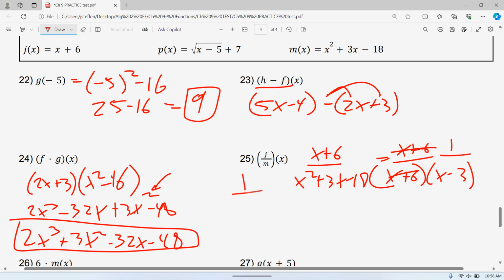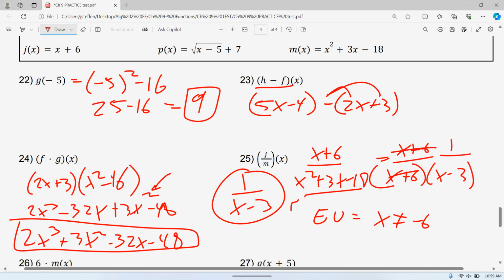A lot of people miss this on the test because they just put x plus 3, and it's got to be 1 over x minus 3. Sorry, I messed that up almost. Excluded values for this one, if you remember those, are anything that makes the denominator 0. So we have x cannot equal -6 and +3.